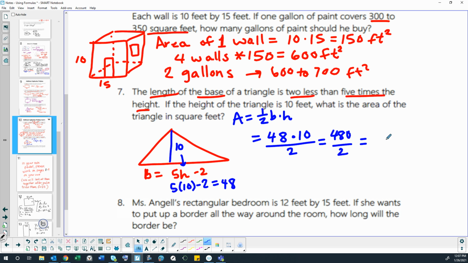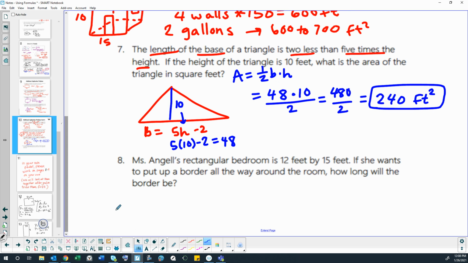What's the area of this triangle going to be? 48 feet for the base, 10 feet for the height. 48 times 10 is 480, but it's a triangle, so it's half of that, so we divide by 2, and we get a total area of 240 square feet.